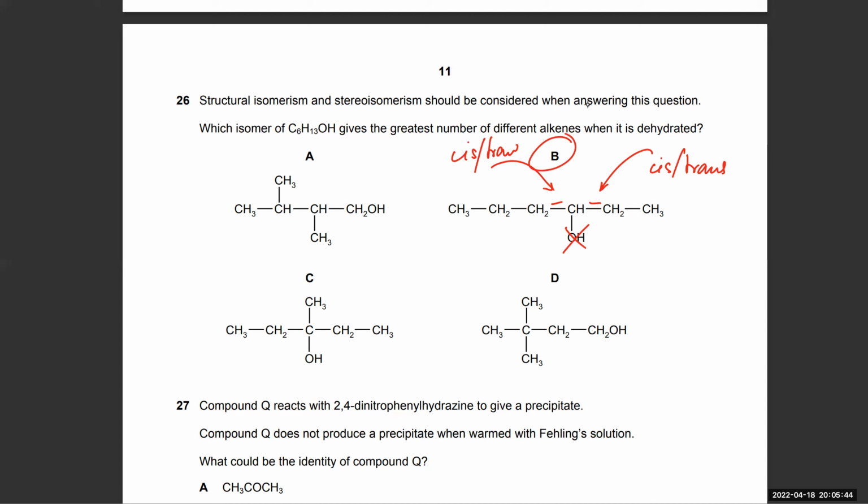The first one, OH is lost and there's only one place where the double bond could be, and it's not going to form cis-trans even, because the carbon over here is bonded to 2 H's. This one, you put the double bond on this side or on this side, it's kind of the same thing.